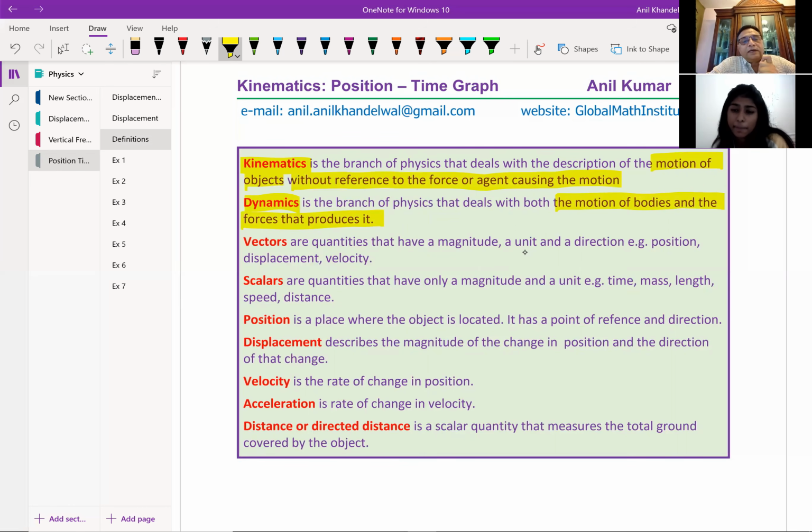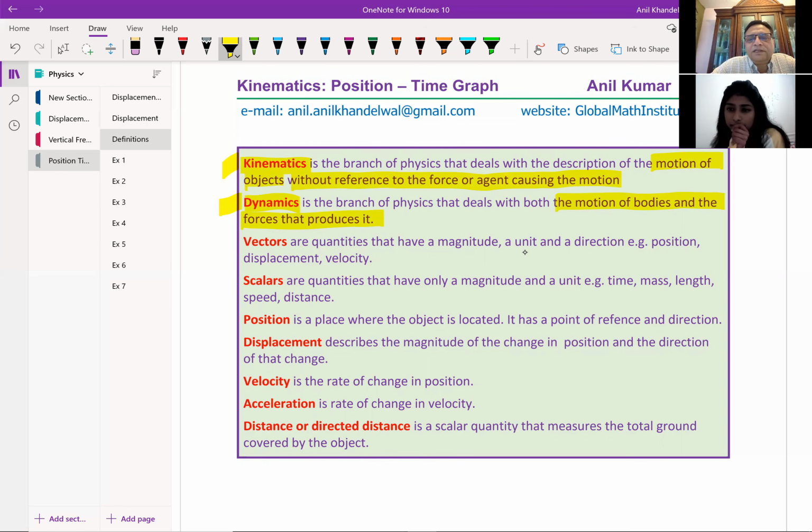Perfect. So, in dynamics, we also study the cause of the motion, right? The Newton's laws come into picture. The force actually changes the direction of the motion, correct? So that is where the dynamics comes into picture. So in the first unit, you have not seen force. You have only seen velocity, acceleration, displacement, position, correct? Right. So that is all about kinematics.